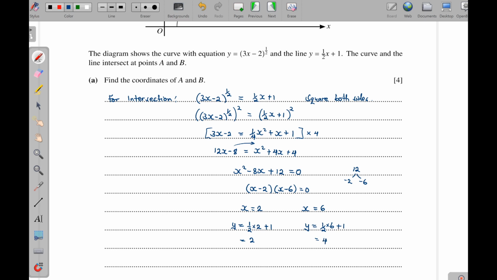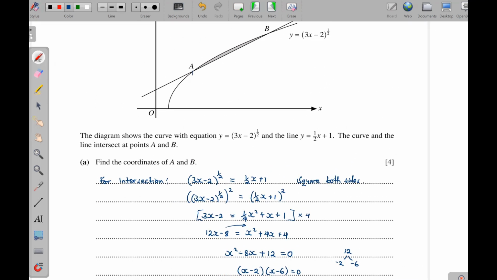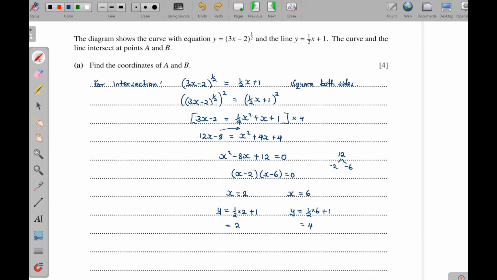So by looking at the sketch of the diagram, the x coordinate of A is smaller than the x coordinate of B. So the smaller x coordinate is 2. That means that is for A. So A is therefore (2, 2), and then B is (6, 4).